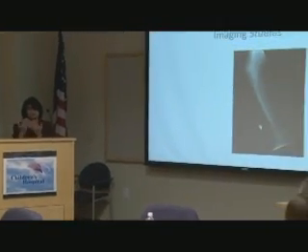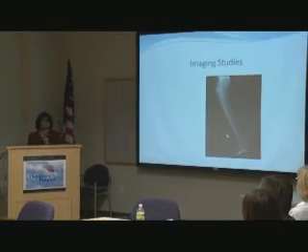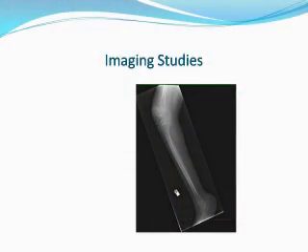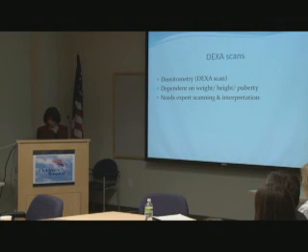So you do not really want to wait that long, and hence people came up with a better means of imaging, and the gold standard nowadays for measuring bone mineral density is the DEXA scan. DEXA is a form of densitometry scan. In the pediatric population, it is dependent upon age, weight, height, as well as pubertal status, so its interpretation definitely requires an expert.